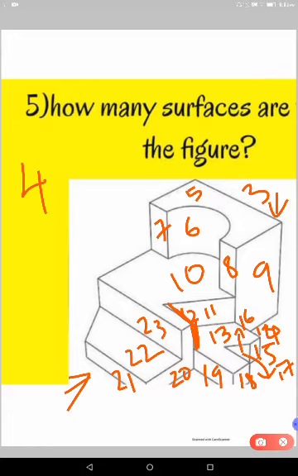So there are 23 surfaces in this figure. So I will say that you count first the hidden surfaces and then proceed with the surfaces we can see.